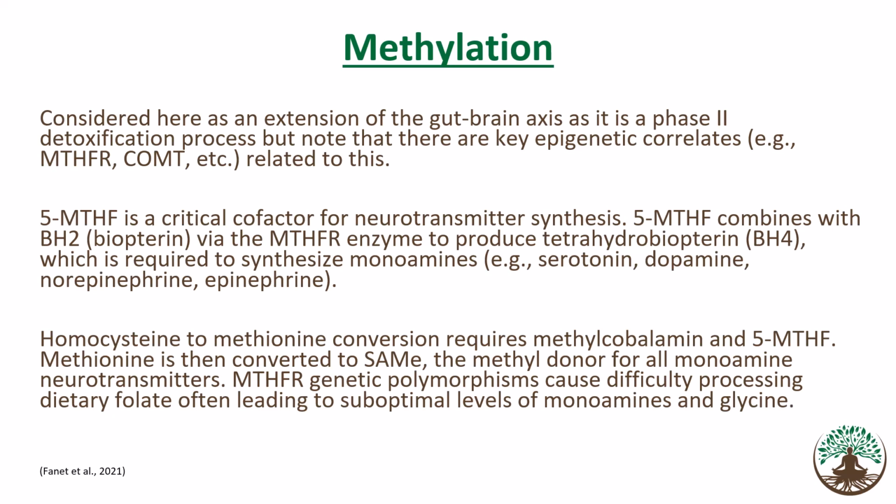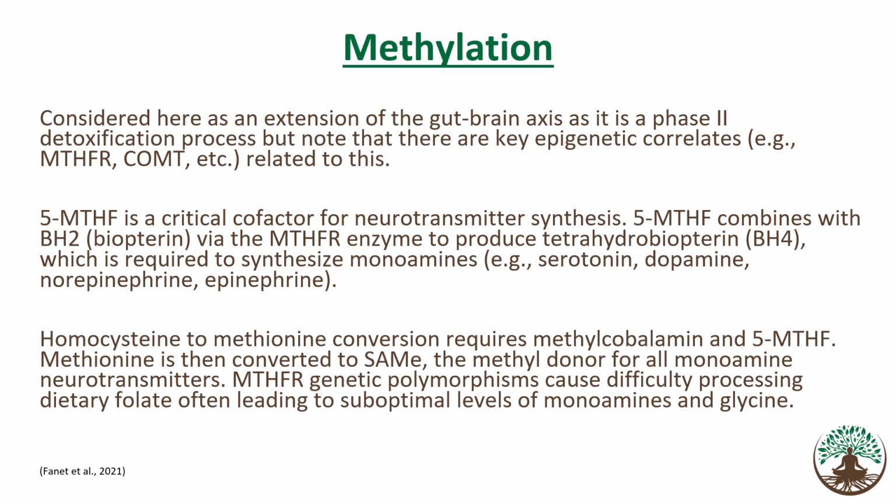5-MTHF is a critical cofactor for neurotransmitter synthesis. 5-MTHF combines with BH2, biopterin, via the MTHFR enzyme to produce tetrahydrobiopterin, or BH4, which is required to synthesize monoamines: serotonin, dopamine, norepinephrine, and epinephrine.